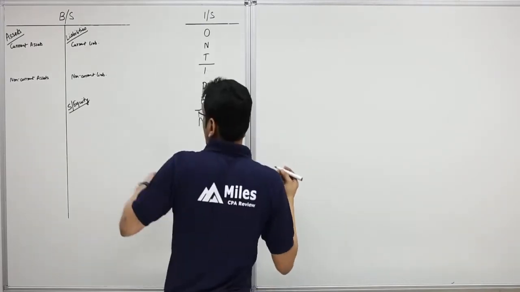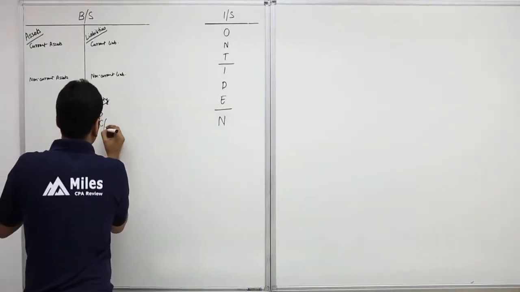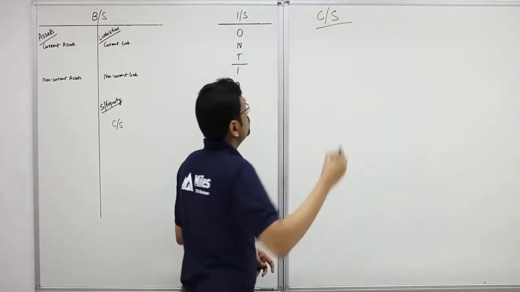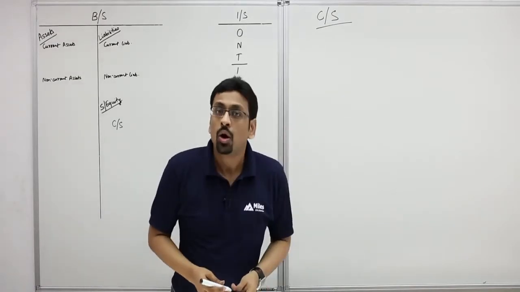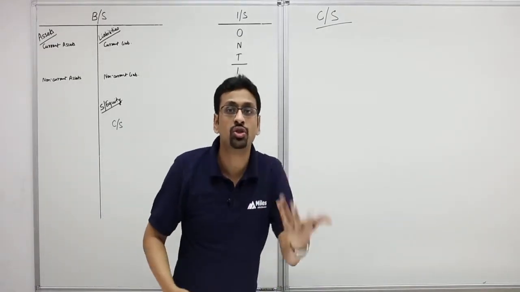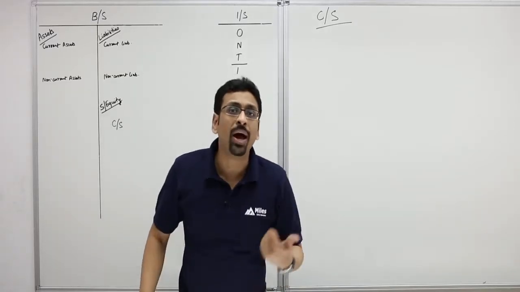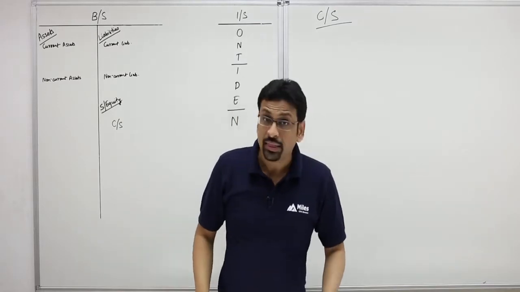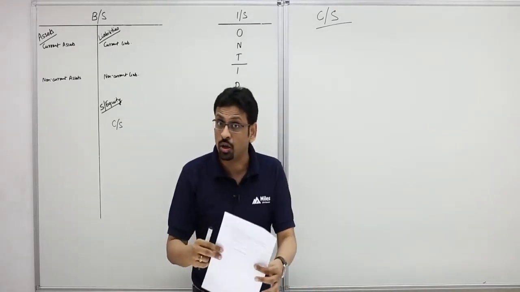So we'll look at common stock, and I have common stock on my board as well here. Now, common stock that the entity issues to common stockholders, the owners, could have a par value or stated value. So that could be as per the company's certificate of incorporation. That could be the dollar number printed on the stock.